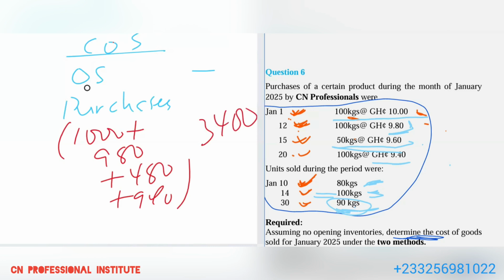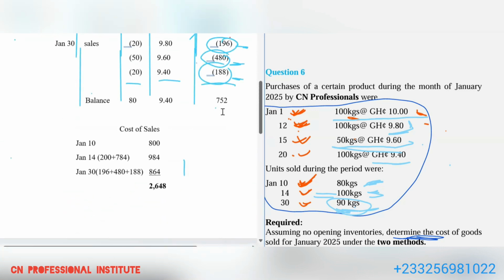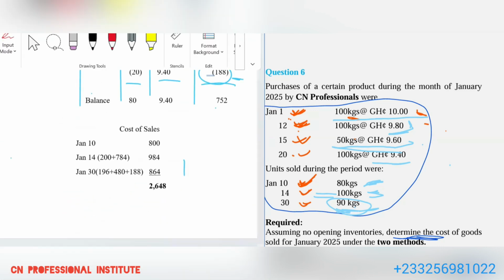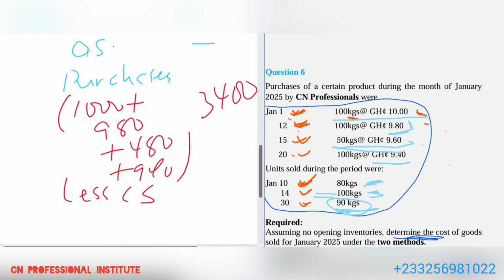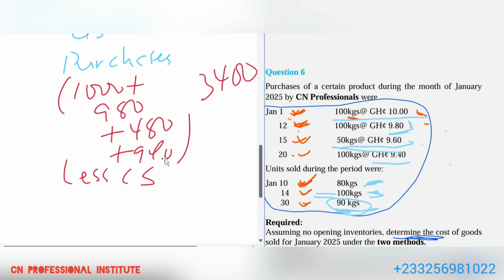3,400. Then we less closing stock. The closing stock is the last figure in our stuff here, this one here, 752. So that's our closing stock.